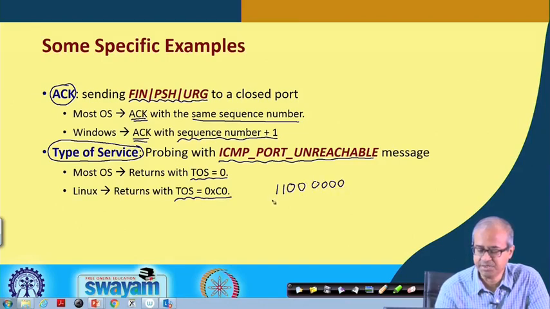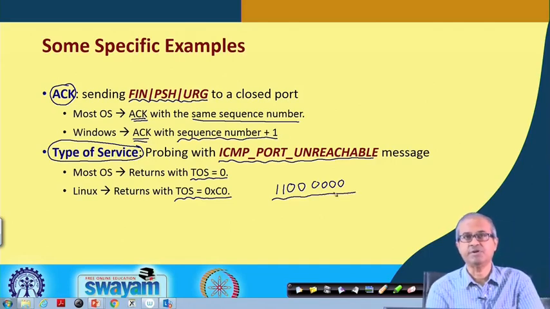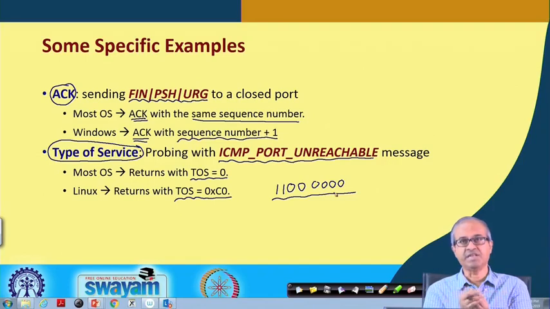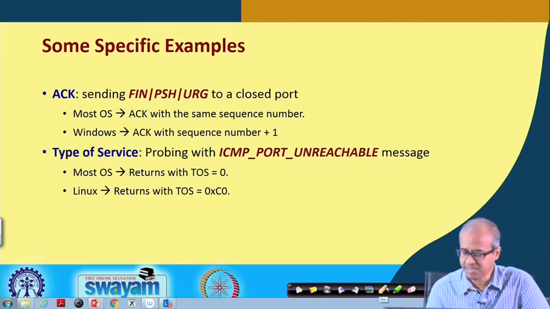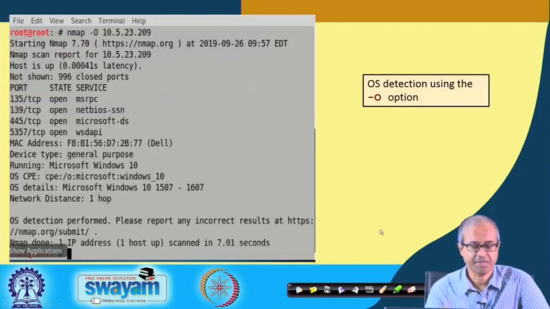This will be the 8-bit type of service code that will be returned by typical Linux systems. So, if you look at the TOS of the response, you can clearly identify whether it is a Linux or some other operating system. This is usually the way you try and guess the type of operating system and the services which are running.